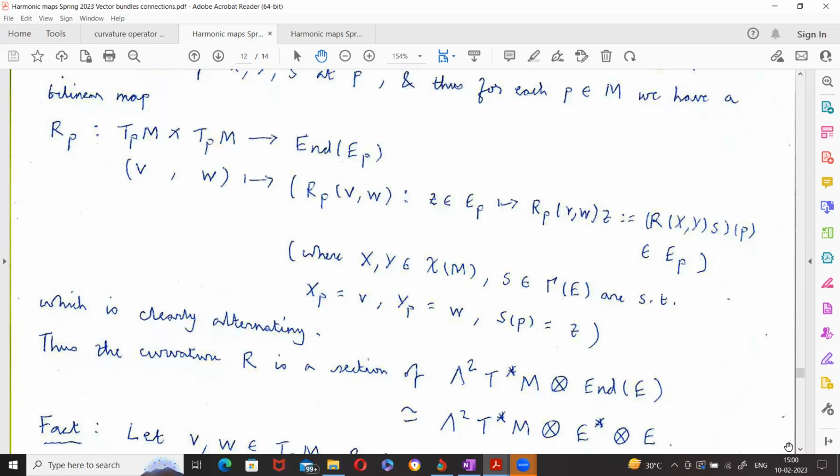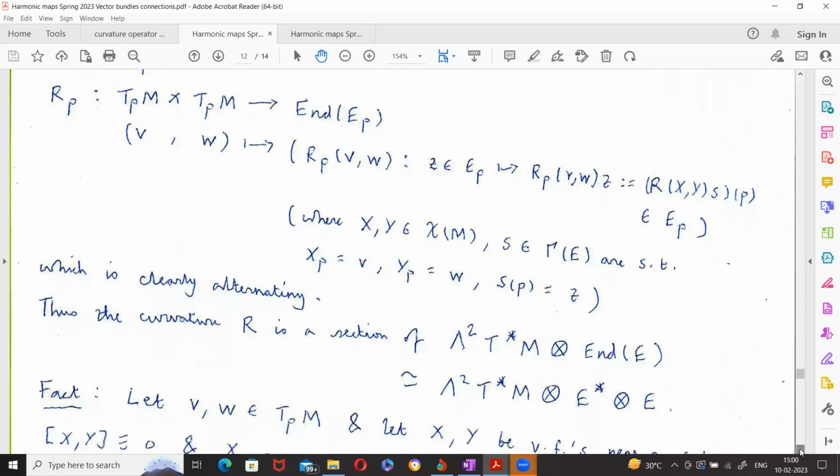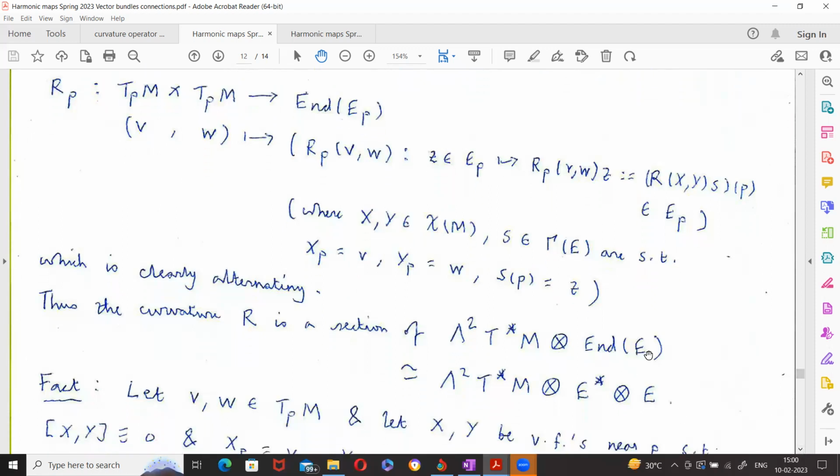Okay. So you can see this as a section of endomorphisms of E. I know that pointwise endomorphisms of the fiber, remember we did this isomorphism right at the beginning. This is identified with the dual E star tensor E, right? Remember we showed that HOM of VW was identified with V star tensor W, right?